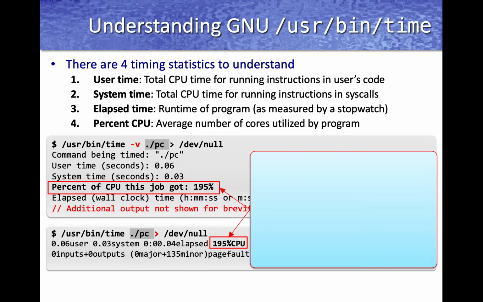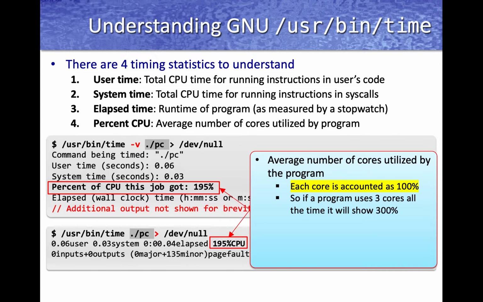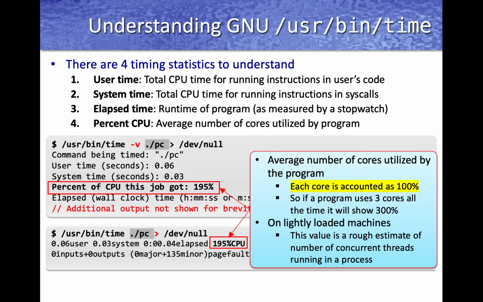The next statistic to observe is the percentage CPU that has been utilized by the program. This value indicates the average number of cores that was utilized by a program. So in Linux, each core is accounted as 100%. So if a program uses 3 cores all the time, Linux will show that it used 300% of the CPU resource, or it used 3 cores on the CPU on average.